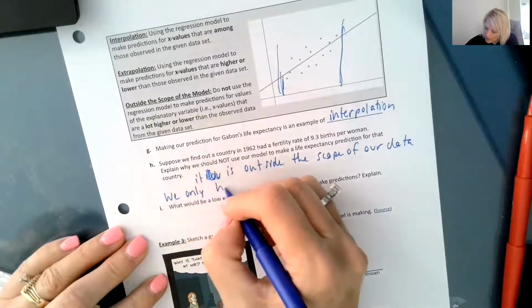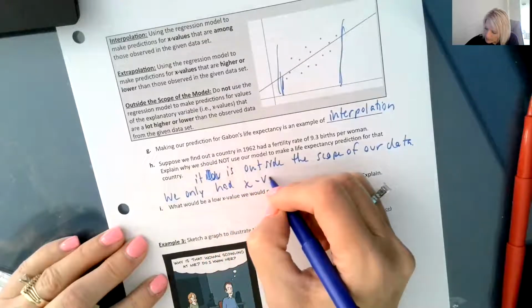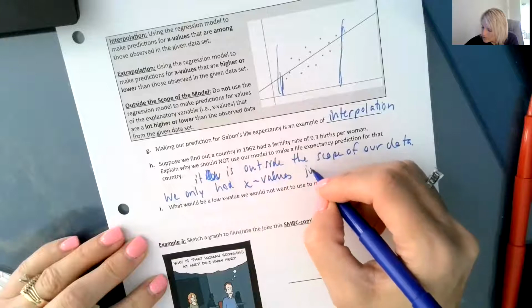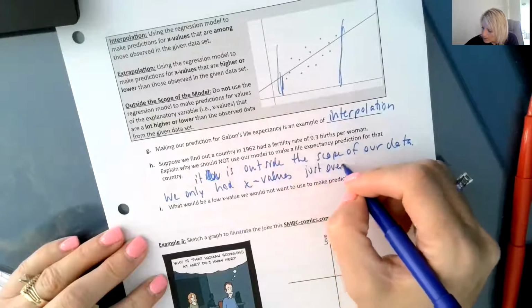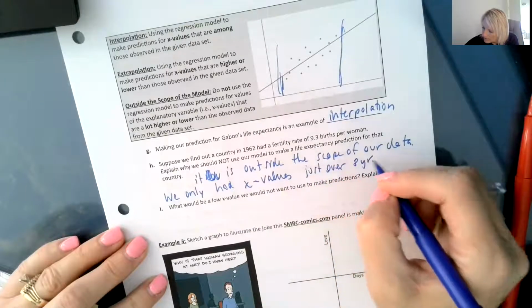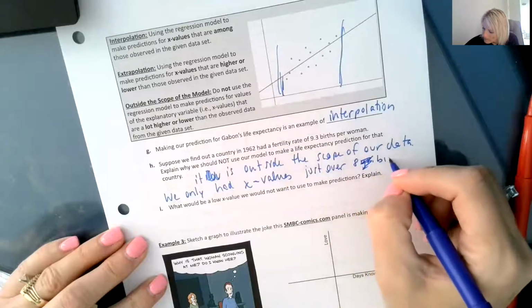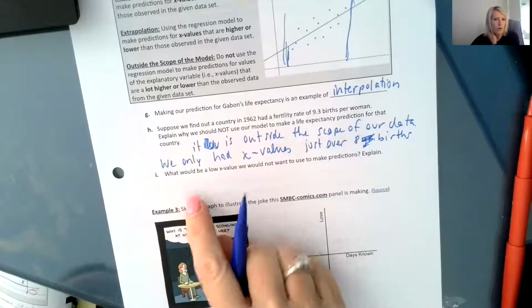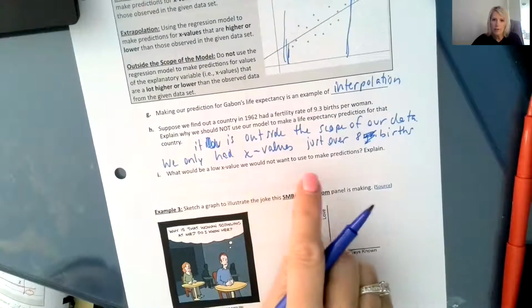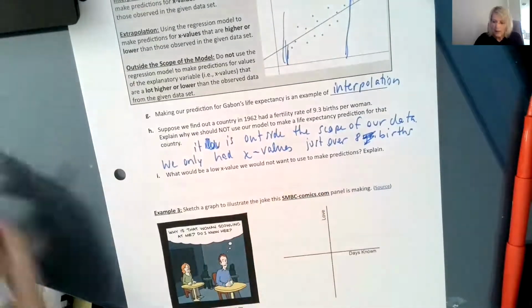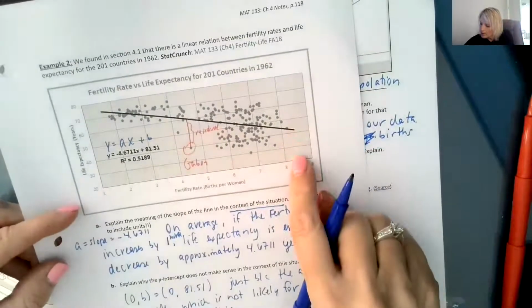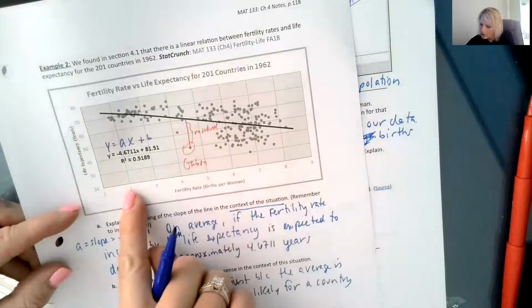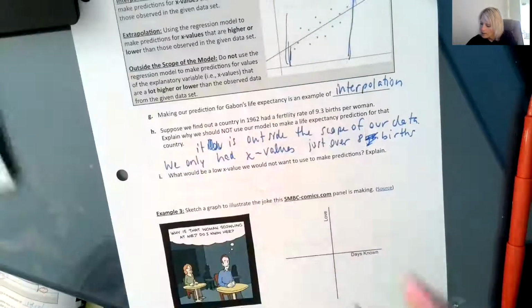We only had X values just over 8 births. What would be a low X value we would not want to use to make predictions? Just over 8 was the highest, and then just under 2. So maybe 1.8.